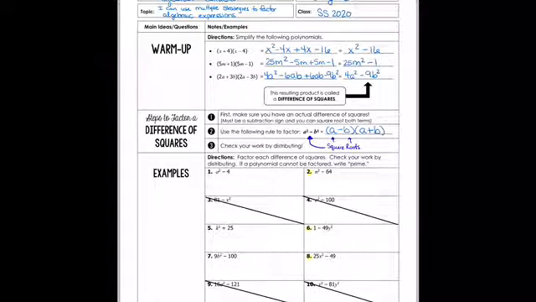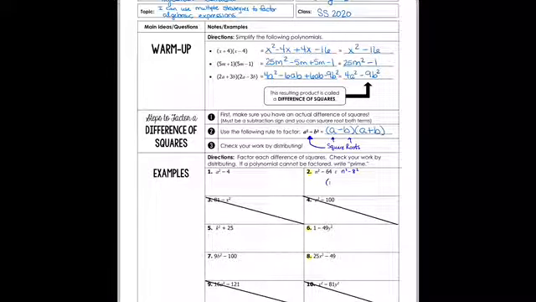N squared is a square number, and 64 is 8 squared, and we're subtracting in between. So one way to write this is as n squared minus 8 squared, so you can see what that a and that b term are, and then you can use that to help you factor.